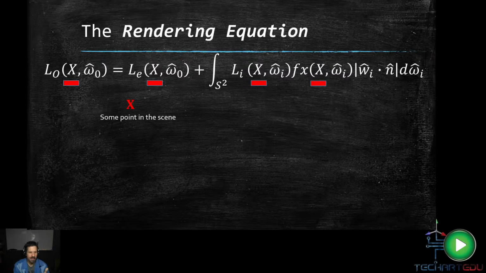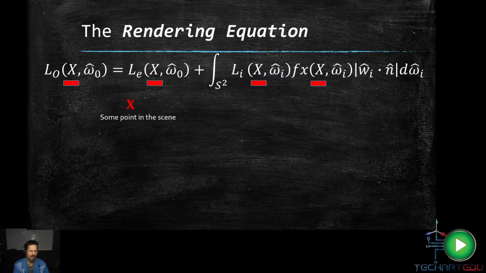Now, X is the point on the scene. X is what's on the left-hand side of the equation, the value that we're actually solving for. The light equals the sum of X, the color of the light given off, and then we've got all this crazy mathematical gobbledygook on the other side.